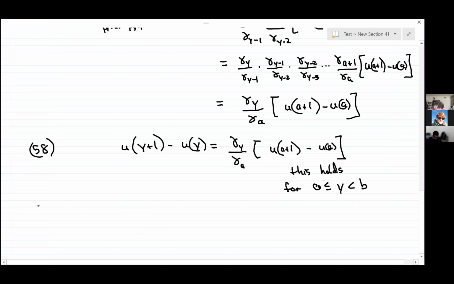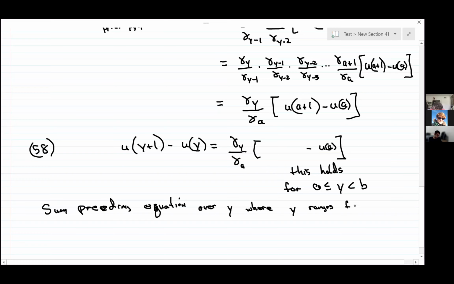This equation, the preceding equation over Y, where Y ranges from A plus 1 to A plus 2, all the way up to B minus 1.